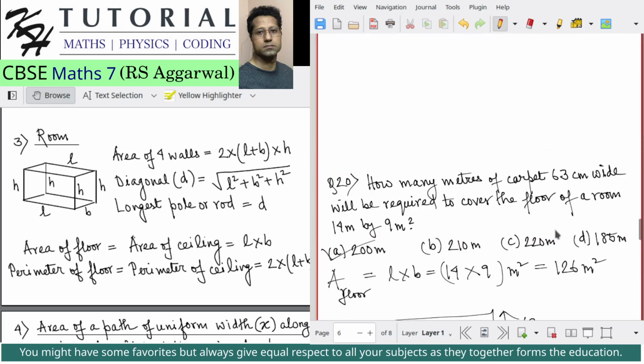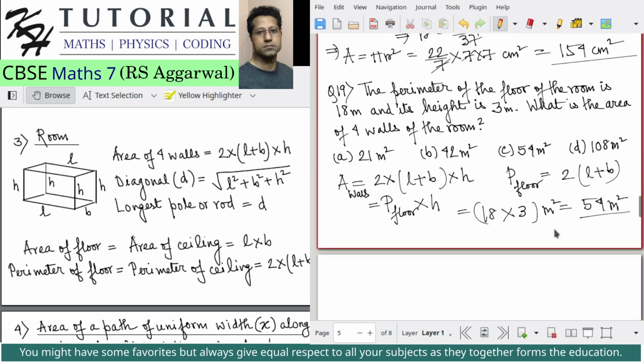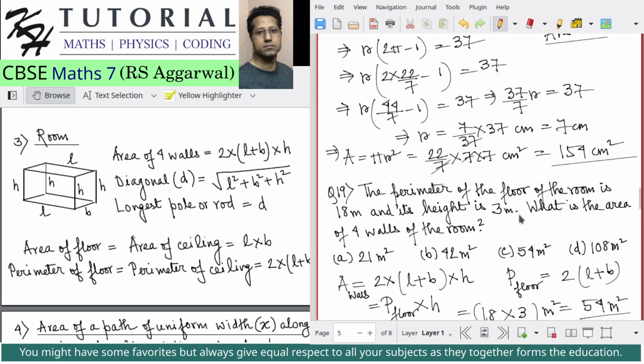So with this, it comes to an end in solving the next set of 10 problems, that is question number 11 to 20 from exercise 20G, which are objective questions based on all the concepts of the entire chapter of mensuration.